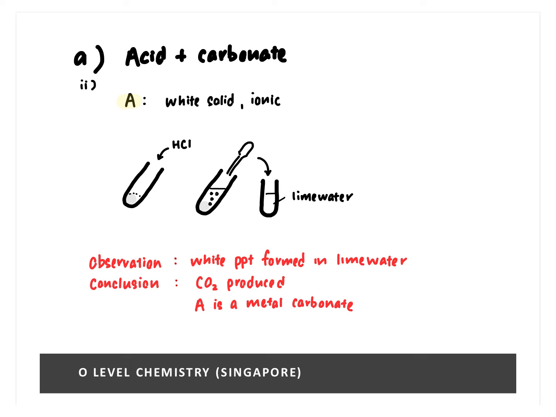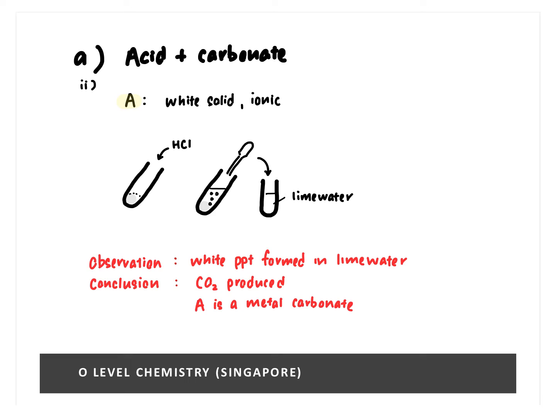So if you have done it correctly, you should see a white PPT forming in your lime water. For the question, they didn't specify what type of conclusion you must make, so I believe that if you have written down CO2 produced, that would have given you that 1 mark already.